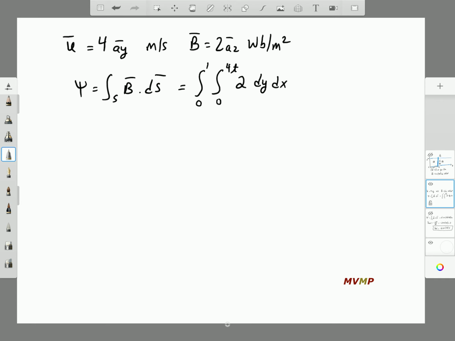In doing so, the first one will just be 2t from 0 to 4t. So where there's a t, you plug in a 4t, which would just equal 8t, and the 0 would just be a 0.